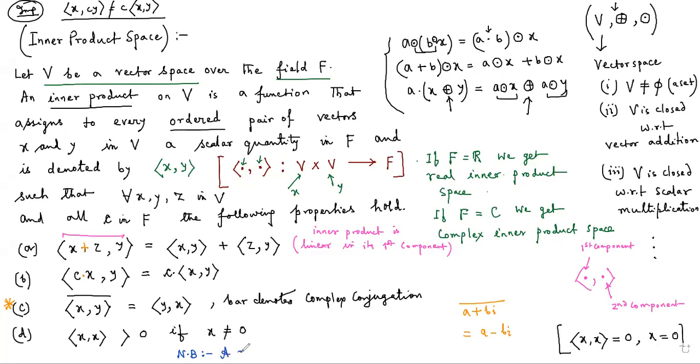Remember, a finite dimensional complex vector space with inner product defined in it is called Hilbert space. It's called Hilbert space.